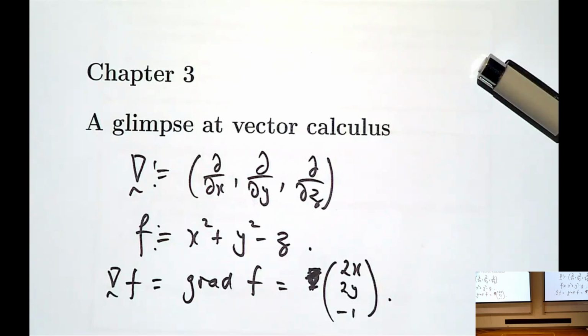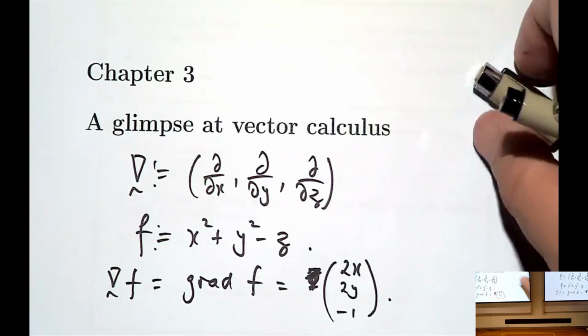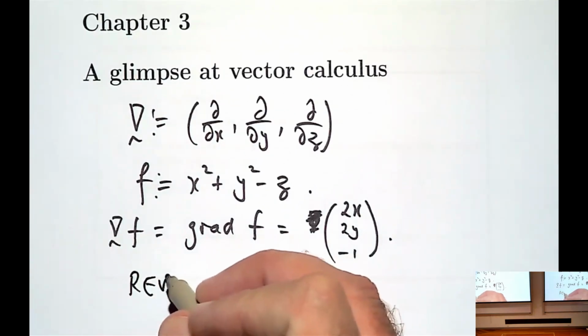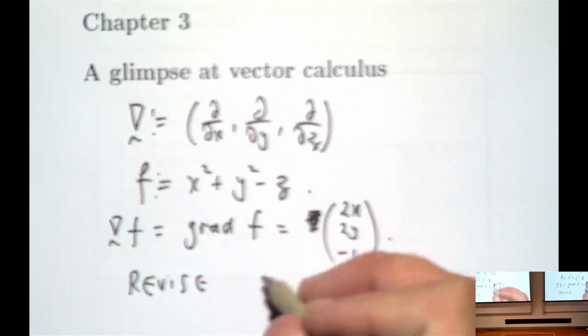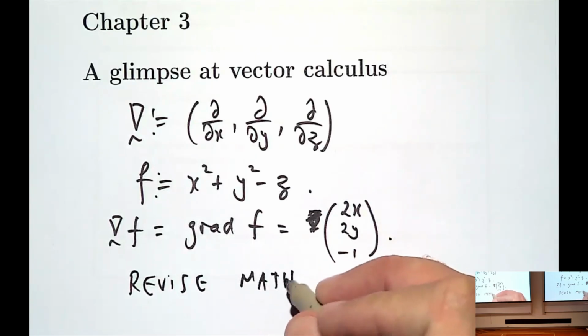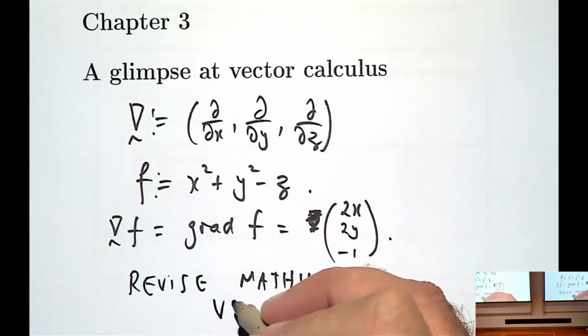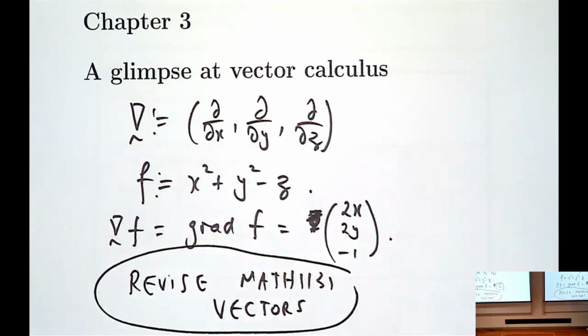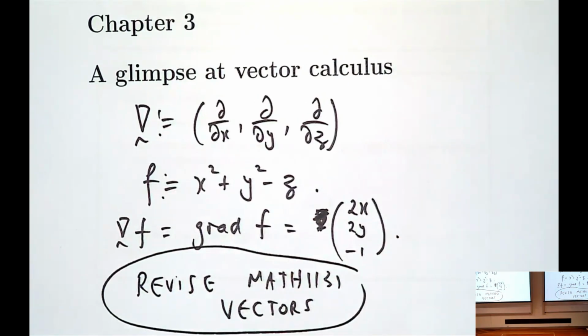We're going to look into that a little bit more today, all right? So remember back to first year. Don't forget about the vectors that you learnt in first year, okay?